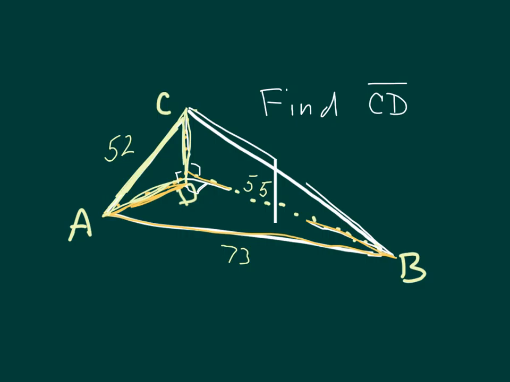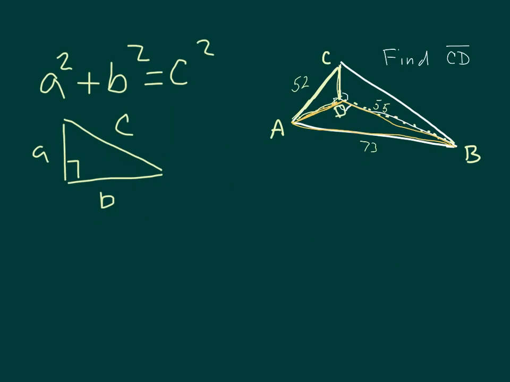Since these are right triangles, we're going to use the Pythagorean theorem, which is a squared plus b squared equals c squared. We use it with right triangles, and you have to identify the sides.